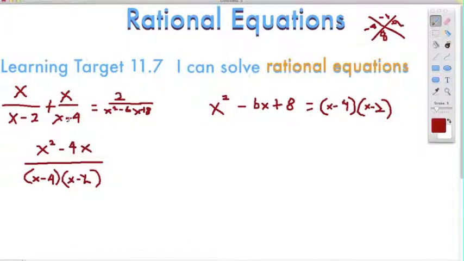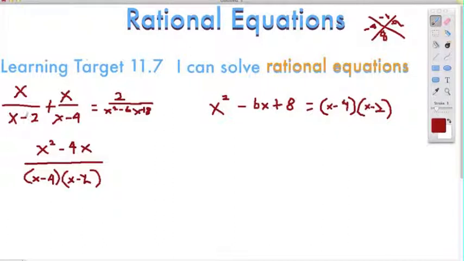We need a common denominator. So, what are we going to do? Well, that's a good question. We're going to take this right here and find a common denominator. When we factor this part out, it becomes x minus 4 times x minus 2.